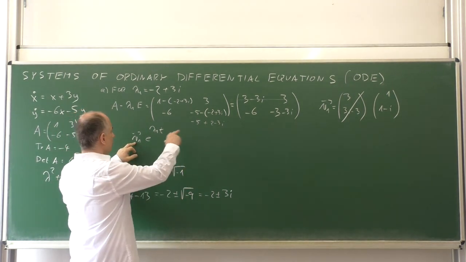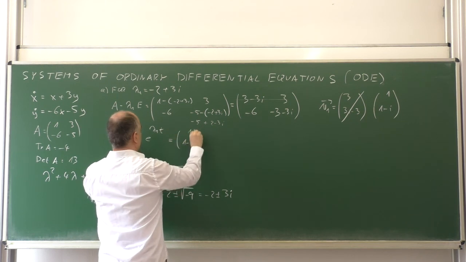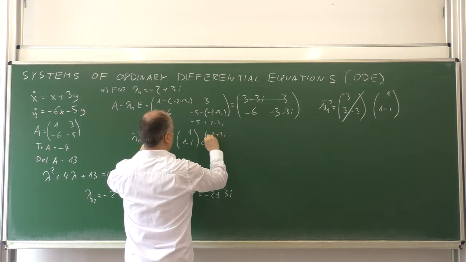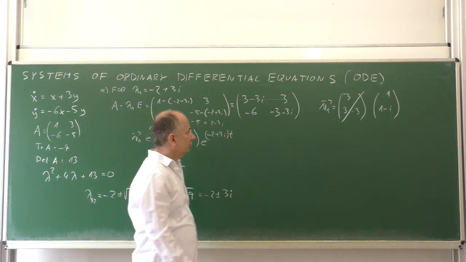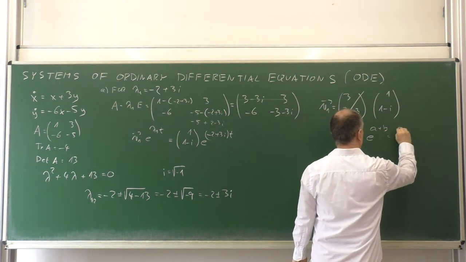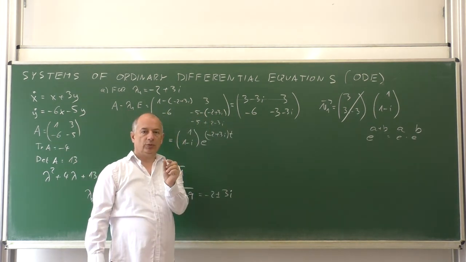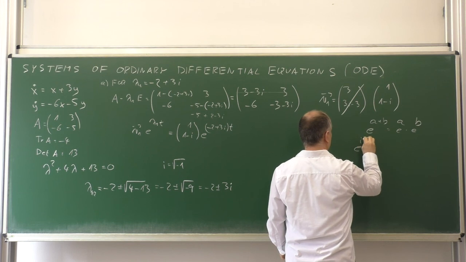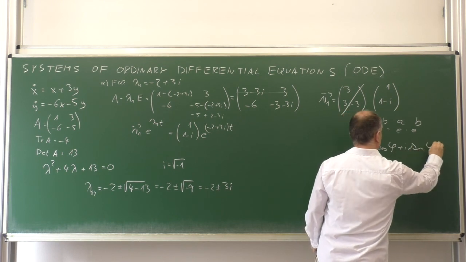For this purpose, we use the values that we have found. v1 is 1 minus i, and here we have e to the lambda 1 t, where lambda 1 was minus 2 plus 3i.